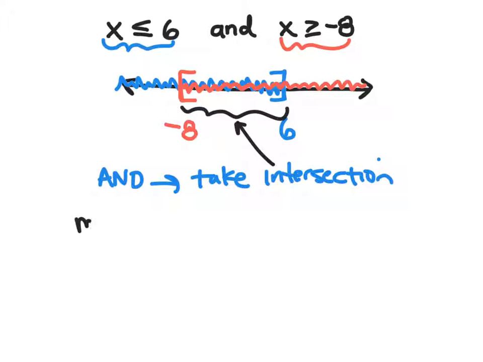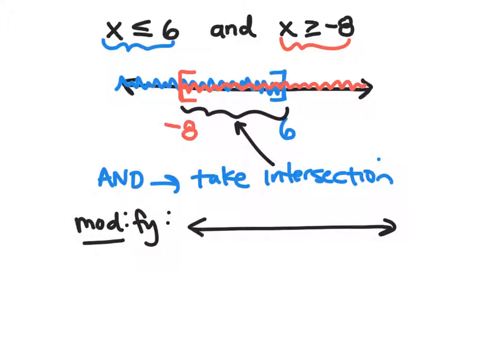So I want to modify this so I can demonstrate my actual solution. Make it a little cleaner. So the final solution will look like all of the numbers in between -8 and +6, including the -8 and +6.